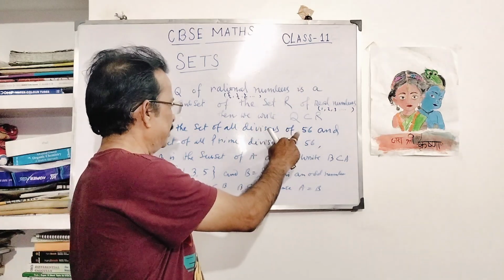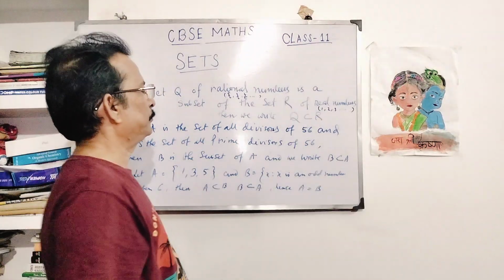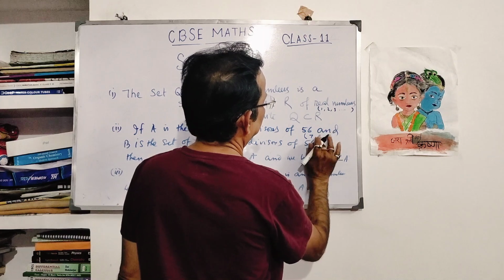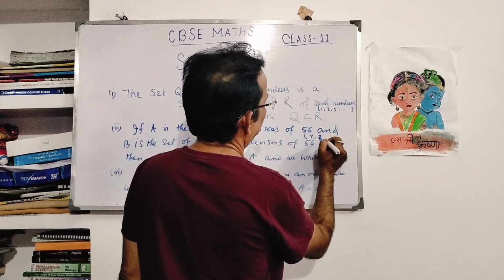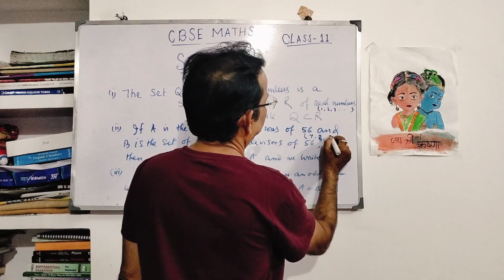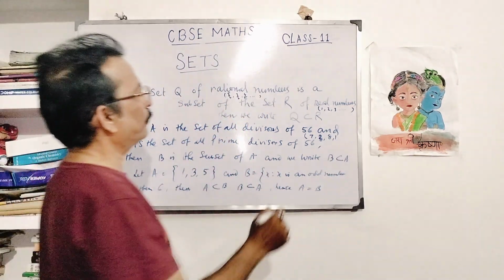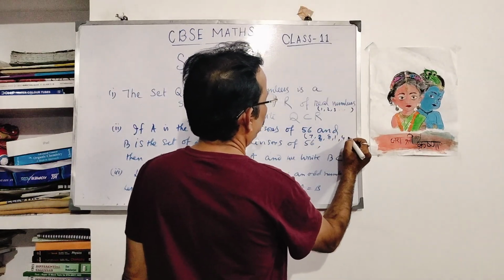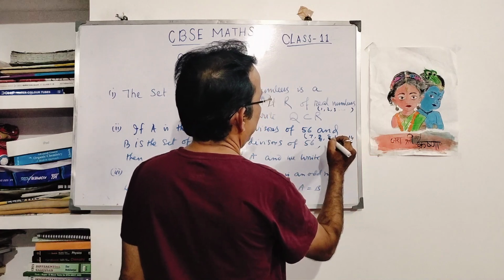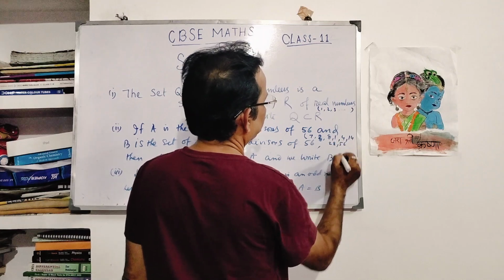What are the divisors of 56? 7, 2, 8, 1, 4 also, 14, 28, 56.